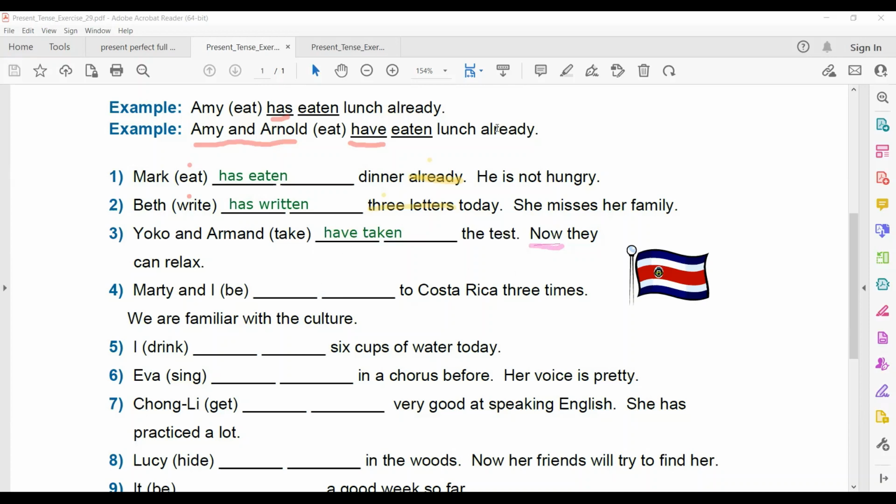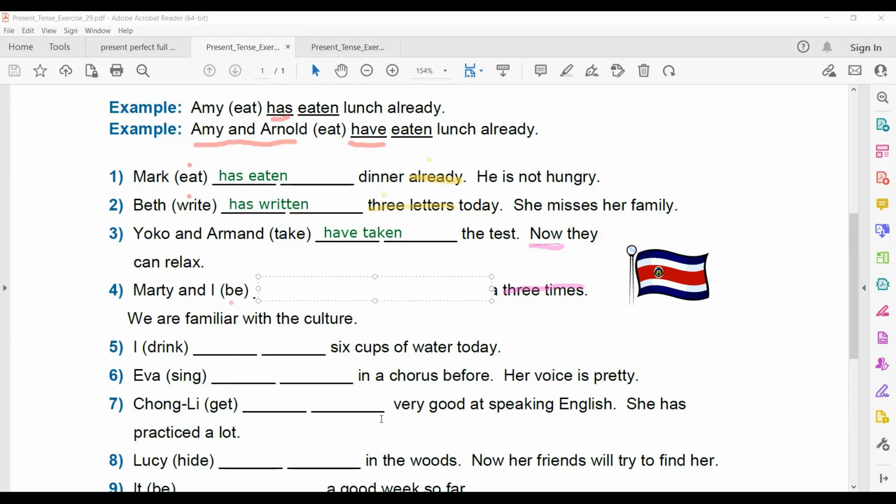All right, same here with the repeated actions, 3 times. We just say Marty and I. All right, what about the verb to be? Remember, verb to be is irregular. And Marty and I, is it has or have? Because there are many, it is plural.